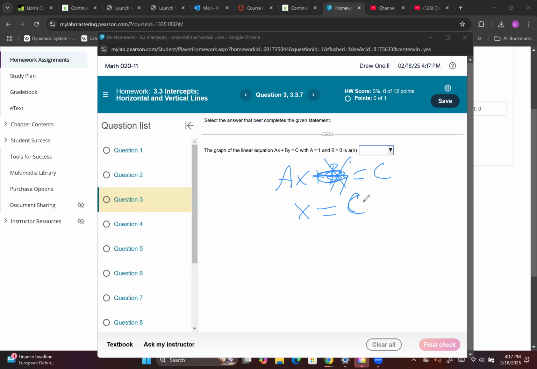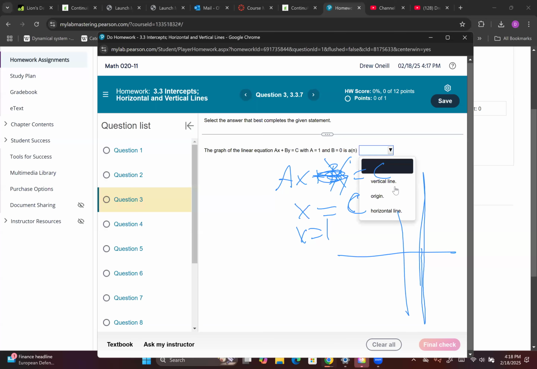So if x equals c, in other words any number, we're going to have a vertical line because that fixes x. No matter what x is, it's always the same number. So if this said x equals 1, then x is always 1. It goes all the way up and down. It's a vertical line.